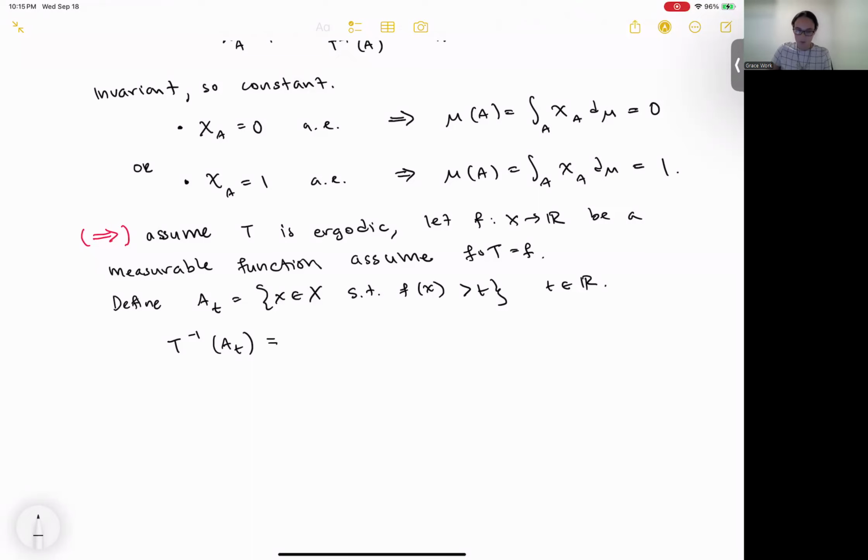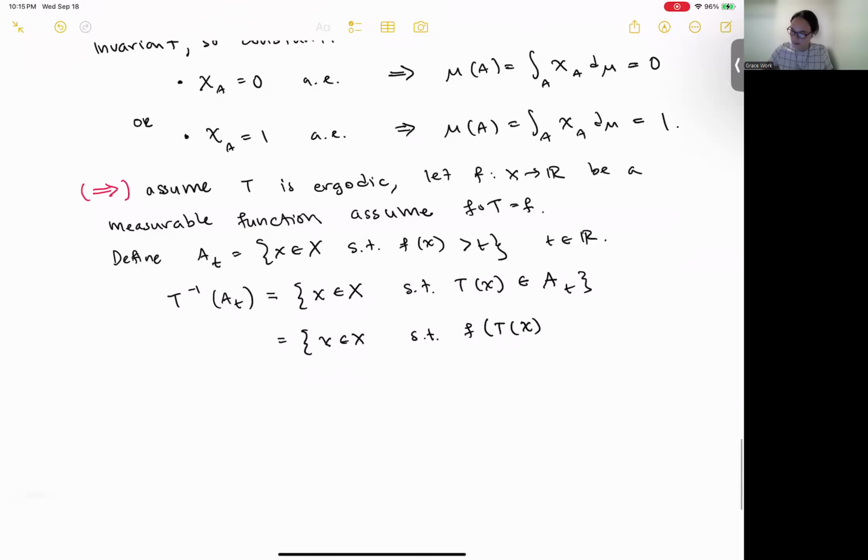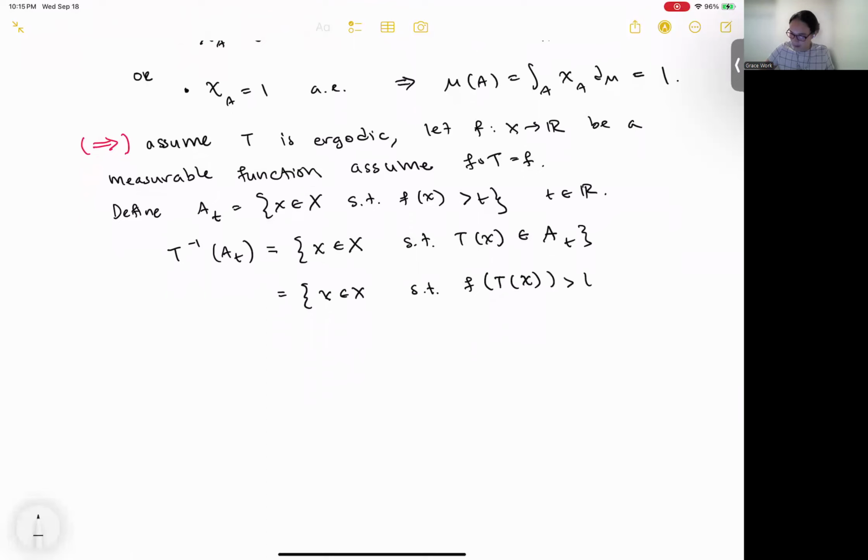All right, so what is this preimage? By definition of preimage, this is all the x in X such that T of x is in my level set. But by definition of what it means to be in that level set, this is all x in X such that f of T of x is greater than t. But we also are operating under the assumption that our function f is invariant.